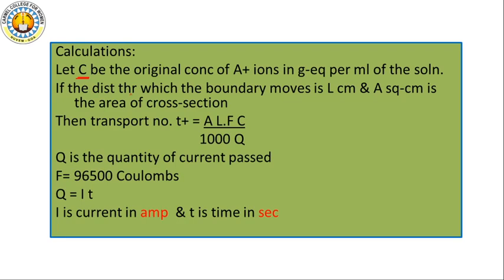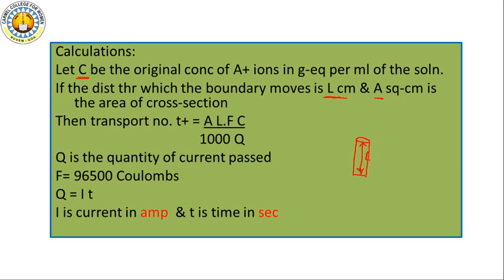If the length to which the boundary has moved is say L centimeter, then the area A square centimeter is the area of cross section of that particular tube. It has moved, suppose this much L, then it is a tube, isn't it? It's a glass tube.